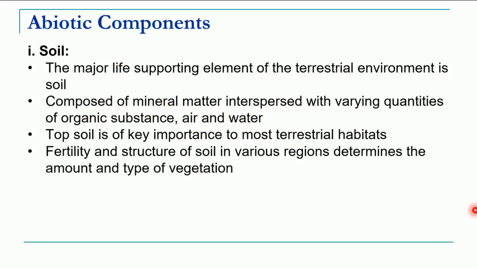The topsoil of this ecosystem is very important for terrestrial organisms, and the fertility of the soil determines the type of vegetation. That means which type of plant will grow in this ecosystem is decided by the type of soil, or basically the fertility of that particular soil.